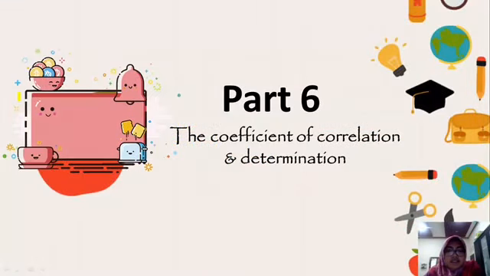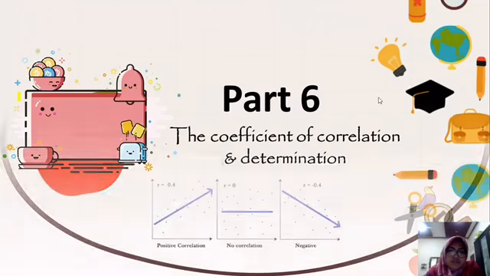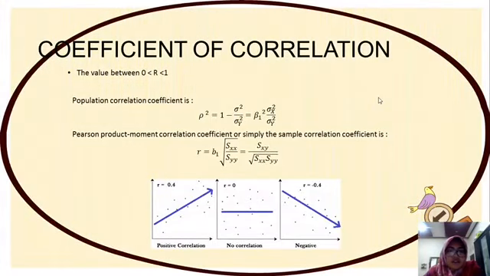And the next is the coefficient of correlation and determination. Coefficient of correlation shows how strong the relationship is between two variables. The value of R, the coefficient of correlation, is between minus 1 and 1.